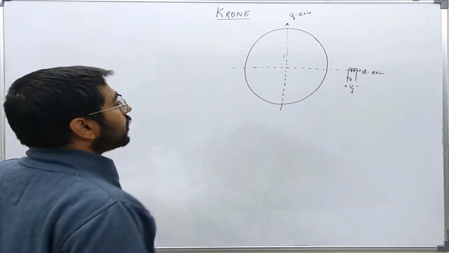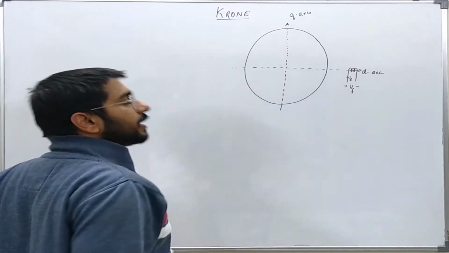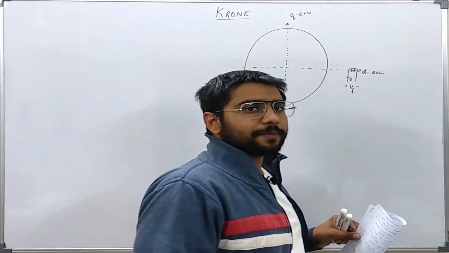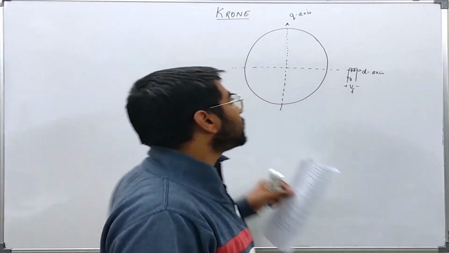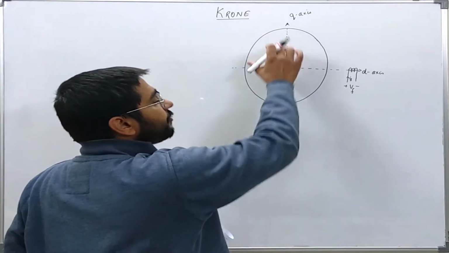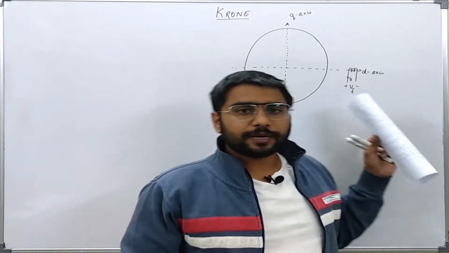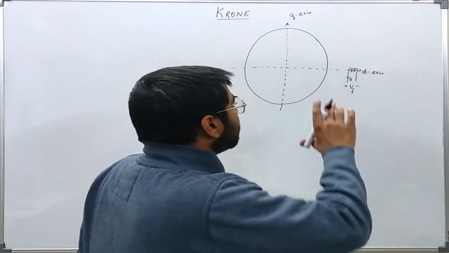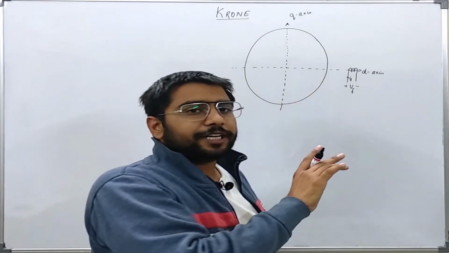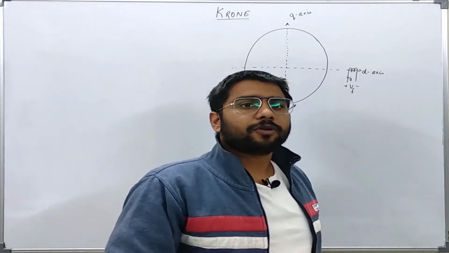Now the armature winding: in a synchronous machine we know that the armature winding is distributed and multi-phase, that is, there will be distributed winding for phase A, phase B, phase C. The number of poles can also be more than 2, but we know that in any machine the pattern repeats with the number of poles.